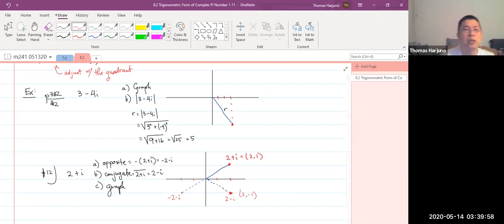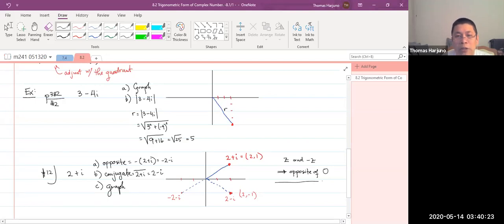You don't need this now, but it will be nice to know the relationship between a complex number and its opposite: it is the opposite across the origin.